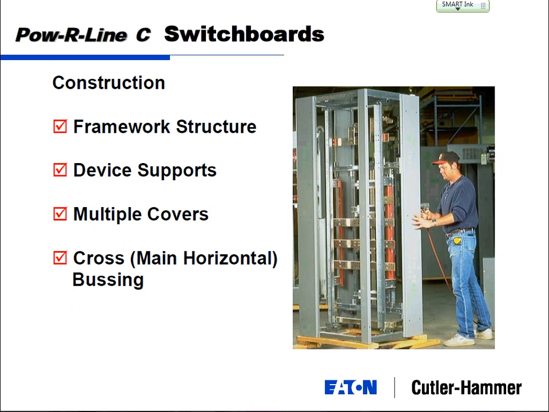The switchboard is designed to be an entirely standalone piece of framework. It's got supports on the corners, covers over all the devices, and it's got the ability to have main horizontal cross bus. And what that means, you can connect multiple structures of switchboards together without having to do any cabling between those structures.